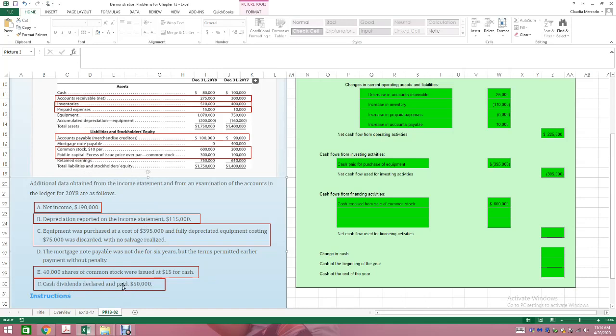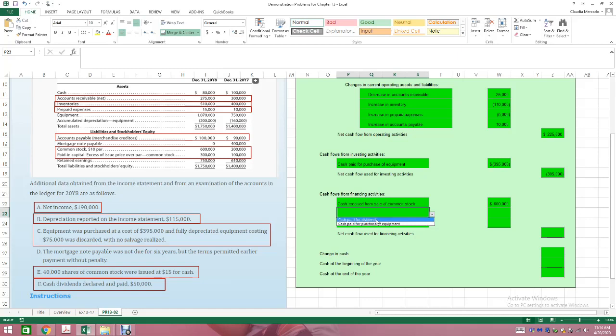So we can disregard that. Our entry is going to be for the $50,000. So cash paid for dividends, because we are paying cash, this is going to be entered as a minus $50,000. Anytime cash leaves the company, it's a minus. Anytime cash is received, it's a positive.